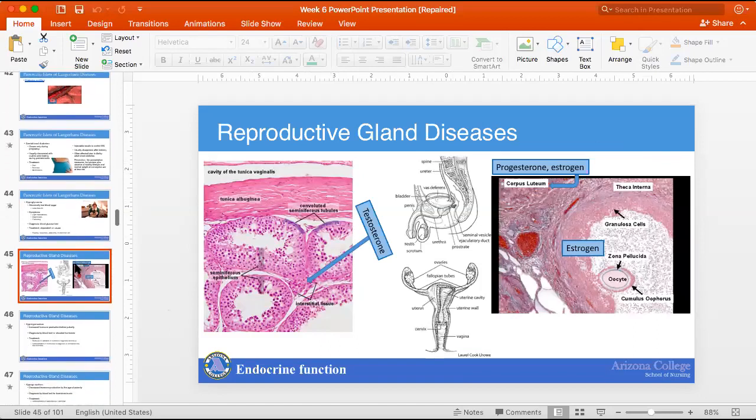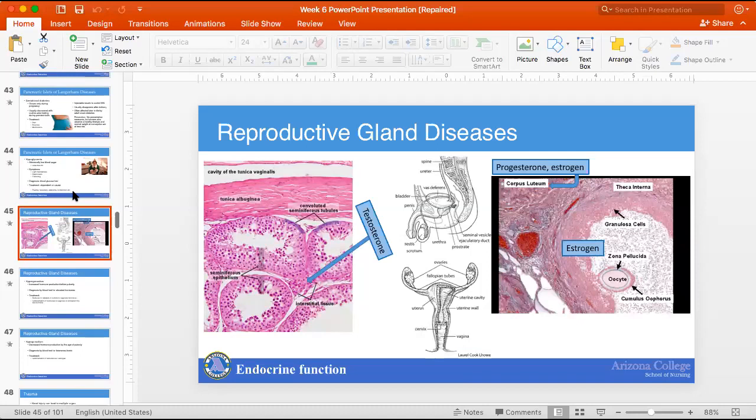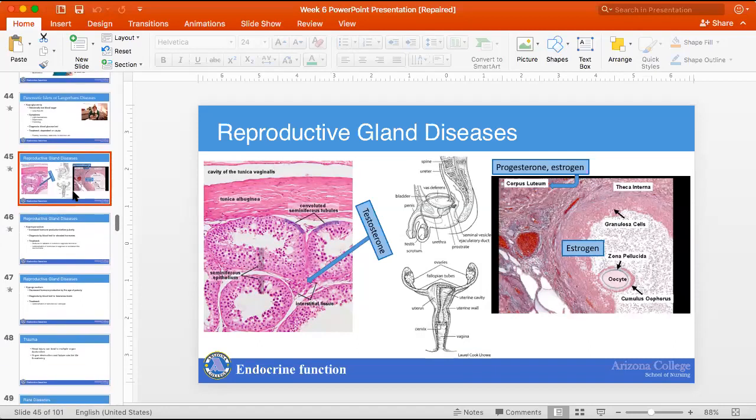Okay, so next we're going to get into some reproductive gland diseases. So things affecting particularly the testicles and ovaries and uterus, things that are going to affect based off of the hormonal environment that they're in, potential diseases that you will see.